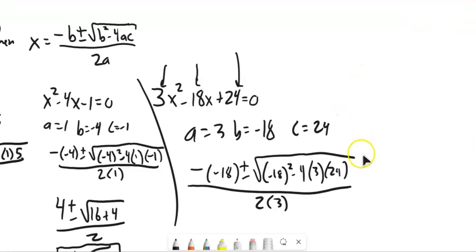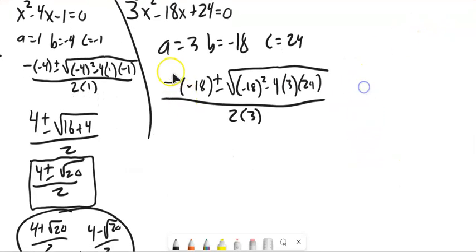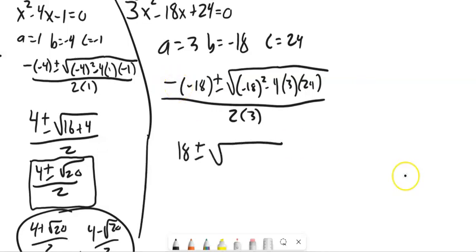Okay. Well, let's keep going from here. Negative 18 is positive 18. Negative 18 squared. I'm going to grab my calculator. 18 squared. The answer is going to be positive 324 minus 4 times 3 times 24. There's 288 over 2 times 3, which is 6.